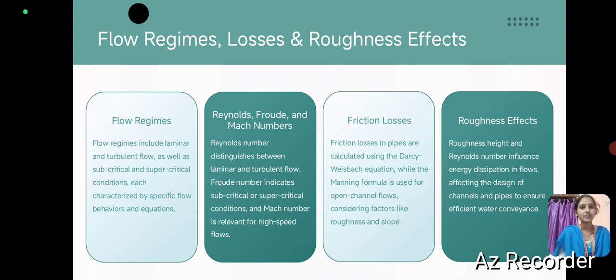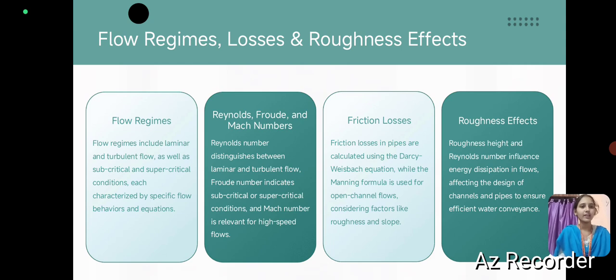Friction losses. Friction losses in pipes are calculated using the Darcy-Weisbach equation, while the Manning formula is used for open channel flows, considering factors like roughness and slope. Finally, engineers must consider friction losses using the Darcy-Weisbach equation.